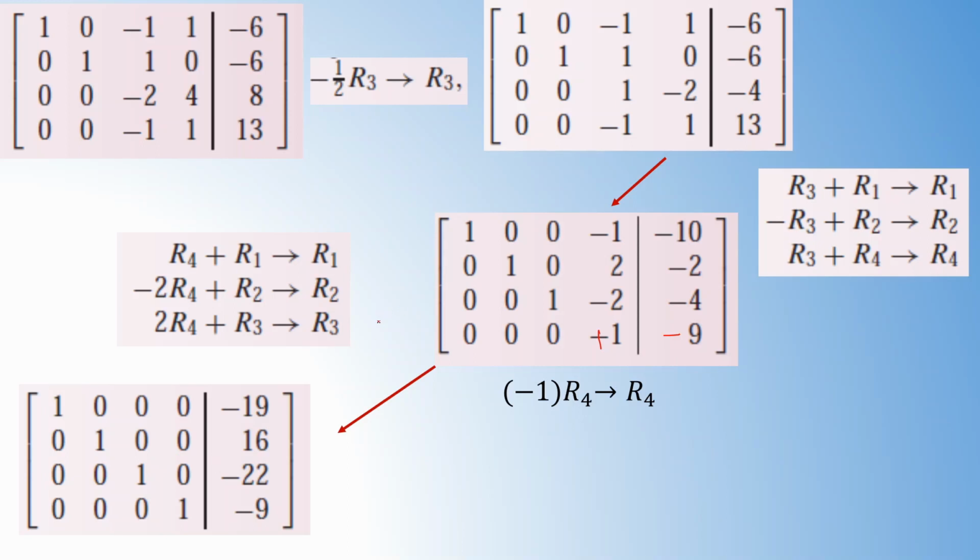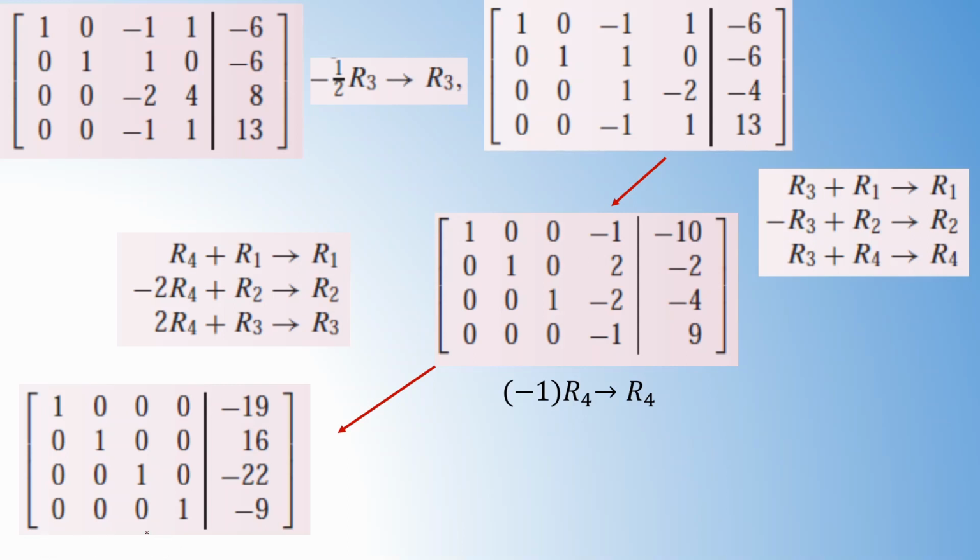When you compare with the previous example, the difference is that on the left hand side we have the identity matrix. Earlier we converted into an upper triangular matrix, but here we converted into the identity matrix so that you can directly get the values of x1, x2, x3 and x4.